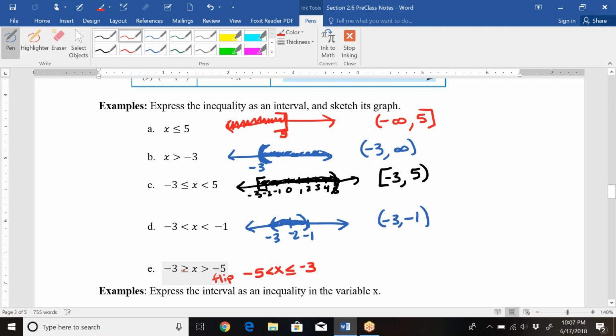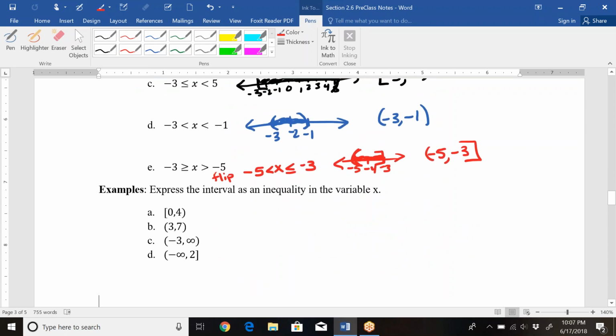You flip everything, the two numbers and the directions of the inequalities. You do still keep the equal to closer to the negative 3 like it originally was. So this would be negative 5, negative 4, negative 3. We want a bracket on the negative 3, a parenthesis on the negative 5, and we're still shading in the middle. So this is parenthesis negative 5 to negative 3 bracket.